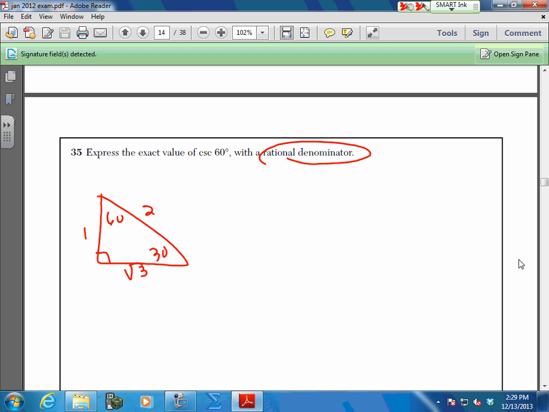So cosecant is the reciprocal of the sine. The sine is your opposite over your hypotenuse. So your cosecant is going to be your hypotenuse over opposite. So here's your hypotenuse, 2, over the opposite of 60, which is radical 3.